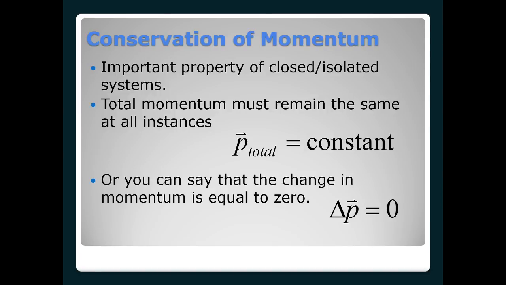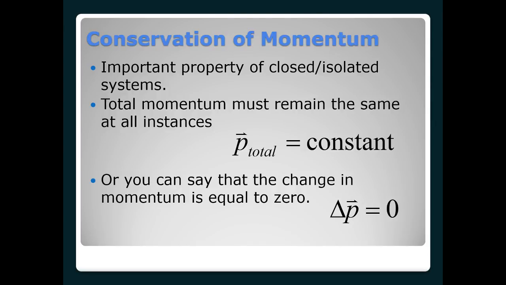Anyways, in a closed system, the total momentum must remain the same at all instances, so the total momentum is always constant. Another way to think about it is that the change in momentum is always going to be equal to 0. So if you have two objects colliding, the total change in momentum is going to be 0. Basically, if one object has a positive momentum change, then the other object will have a negative momentum change.